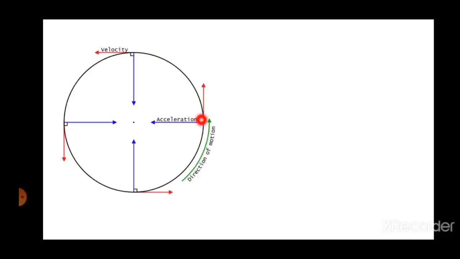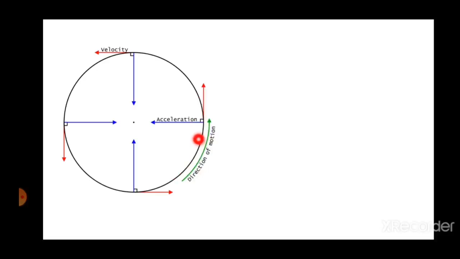So velocity is not constant, that means the direction is changing. Though the velocity of the particle is in this direction, here in this direction, the speed remains constant.